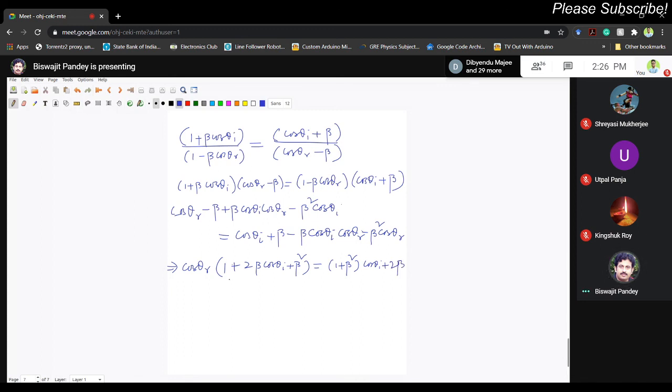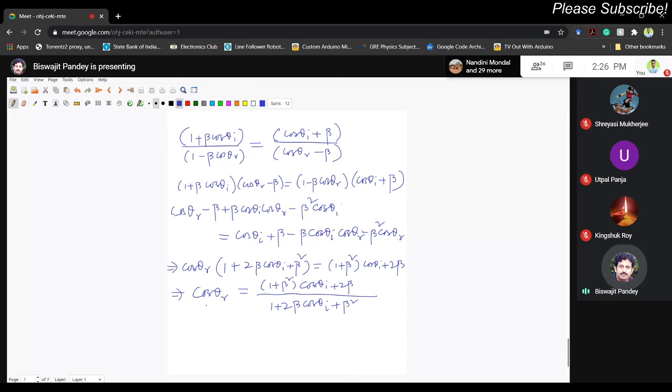So this will give us cos theta r equal to ((1 plus beta square) cos theta I plus 2 beta) divided by (1 plus 2 beta cos theta I plus beta square), where beta is v by c.